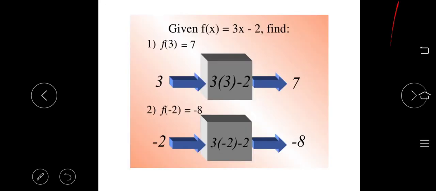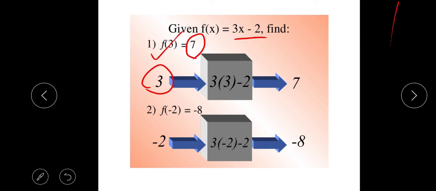Now, I am giving you a question. Given f of x is equal to 3x minus 2, find f of 3. And I wrote the answer as 7. What do you mean by this? You are asked to find the output value when you give the input as 3. Already I told you the function is just like a machine.